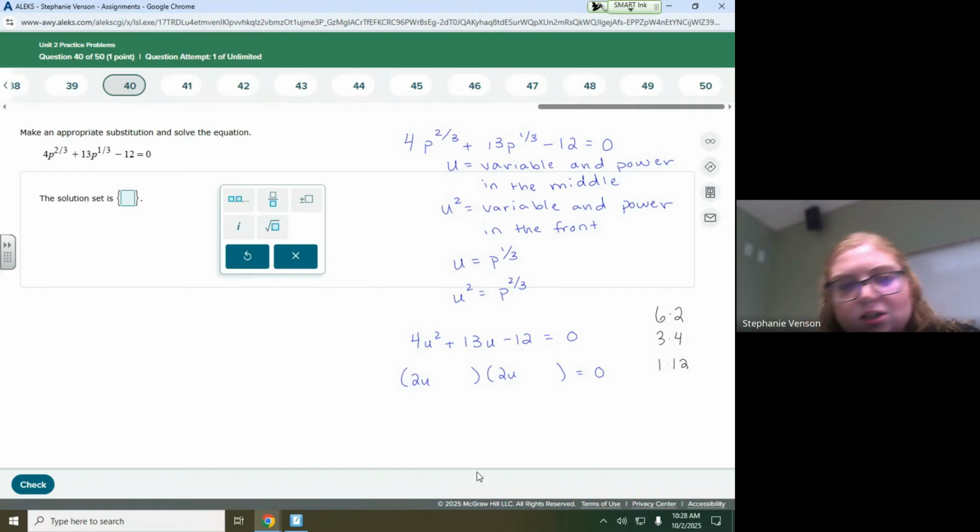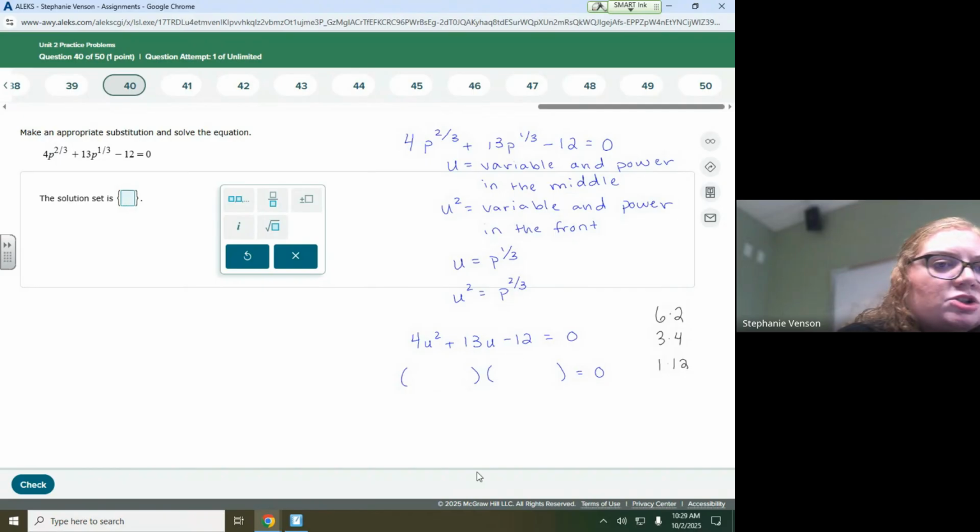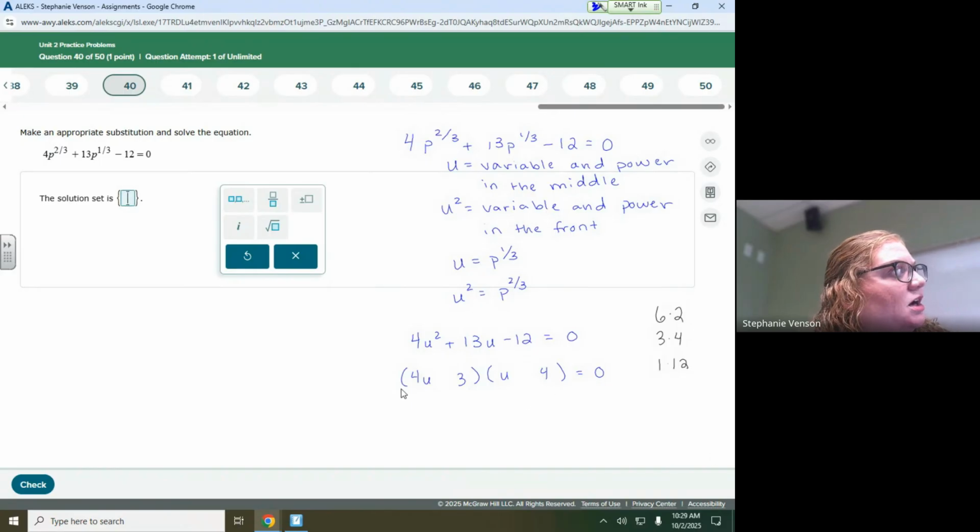So educated guess, I'm going to erase this and I'm going to try the other option, which is 4u and u. Okay, let's see. I think I'm going to try putting a 4 here and a 3 here. And for the same reason that I can't have a common factor, that's why I chose not to put the 4 here.